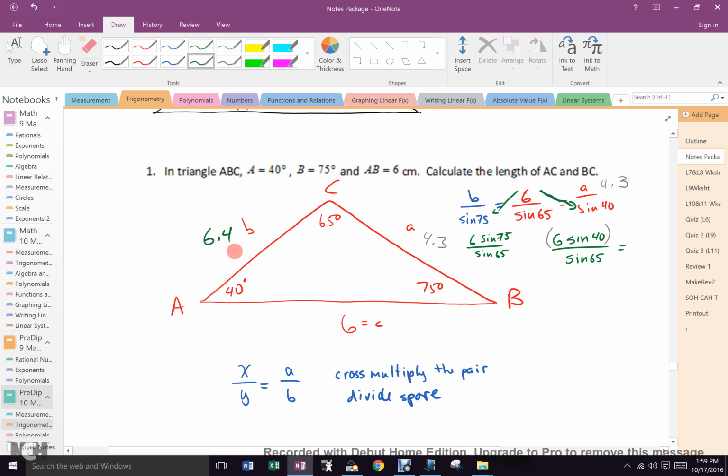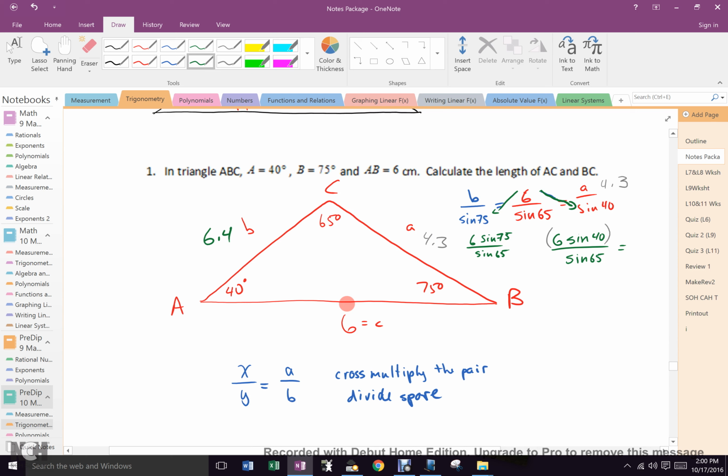Now check, is that okay? Is this the biggest number? Is it across from the biggest side? Yep. Is this the smallest number? Is it across from the smallest side? Is this the middle number? Is it across from the middle side? So is this triangle okay?